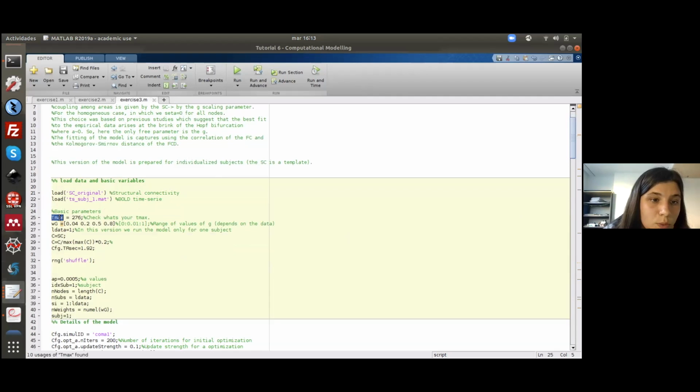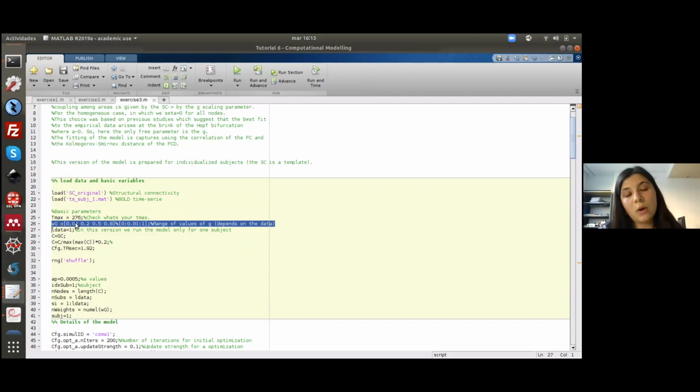In this case, here we have the time points, and as Manel said, we are going to use 4 values of the global coupling. These values are now fixed because we know which ones are representative of the results we want to show.